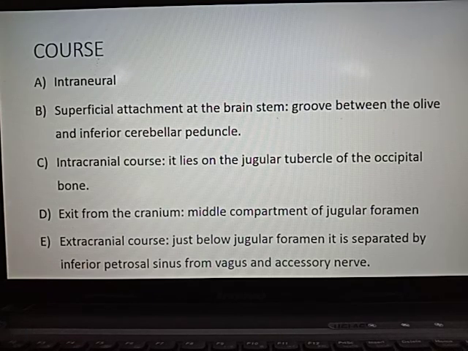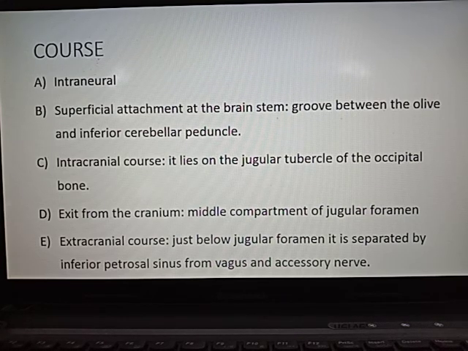Then the superficial attachment at the brainstem. The nerve comes out of the upper part of the groove between the olive and the inferior cerebellar peduncle, under cover of the flocculus of the cerebellum. Then the intracranial course.